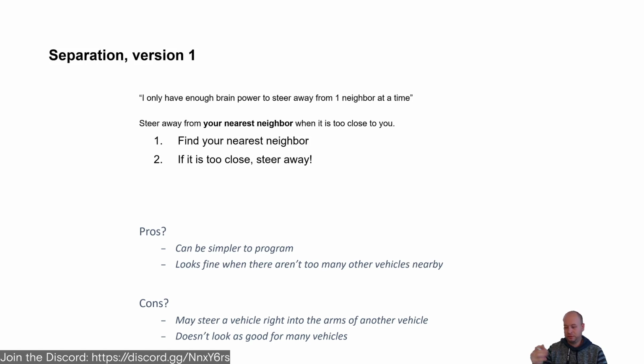But the downside is if you have a lot of traffic, the closest one may not be the optimal one to steer away from. Say we're completely surrounded, and the best option is actually to keep going in the same direction. We're going to veer off in an arbitrary direction and hit the other objects. So that's the trade-off here.